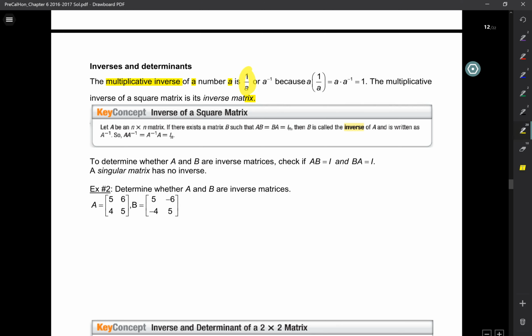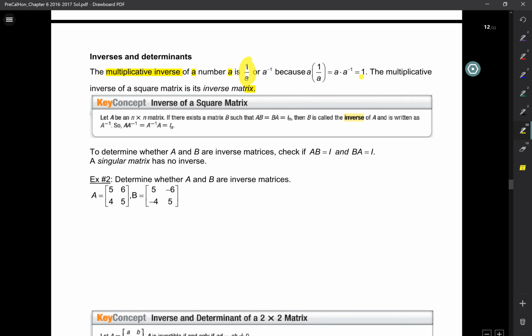A times 1 over A gives you 1. Well, the multiplicative inverse here is the inverse matrix for matrices. So, you have a number 5. What do you multiply that by to get 1? Well, you would have to multiply it by 1 over 5 to get 1.